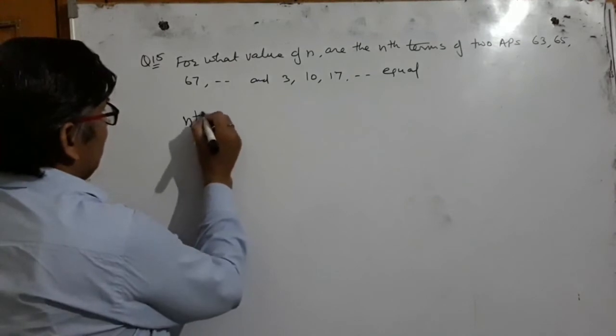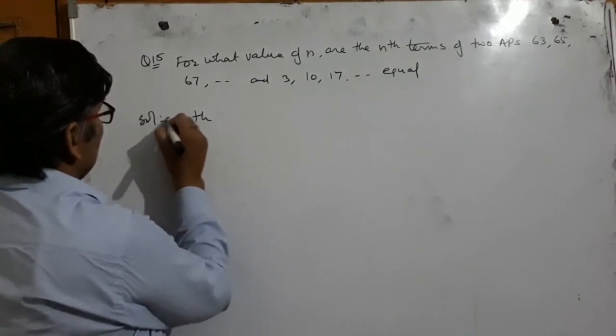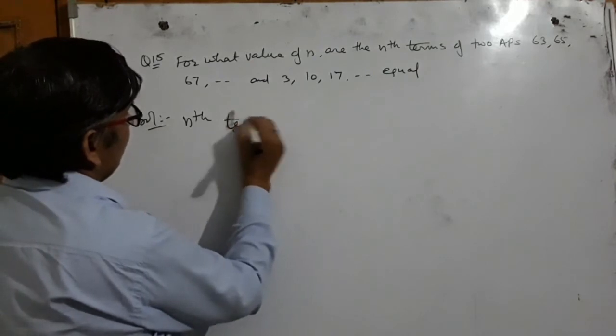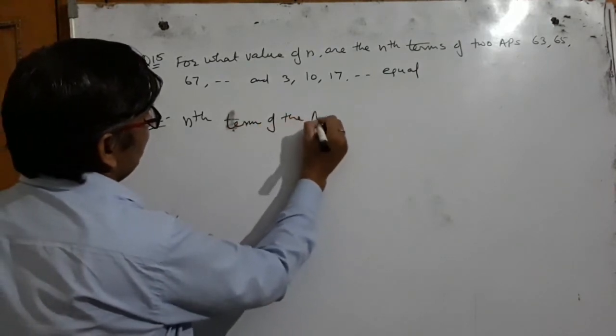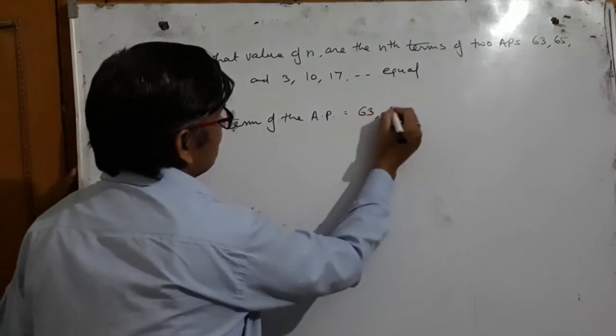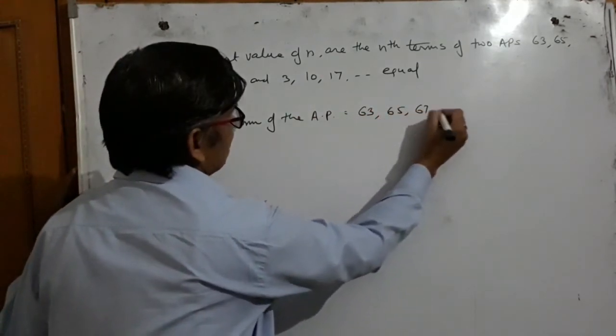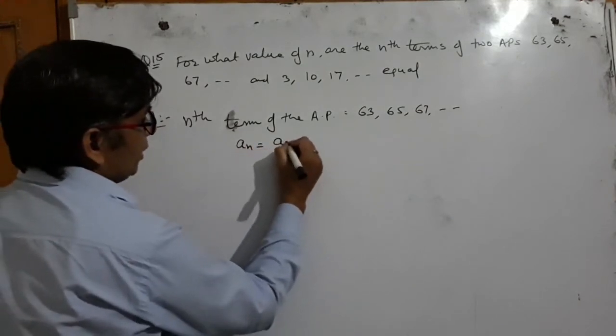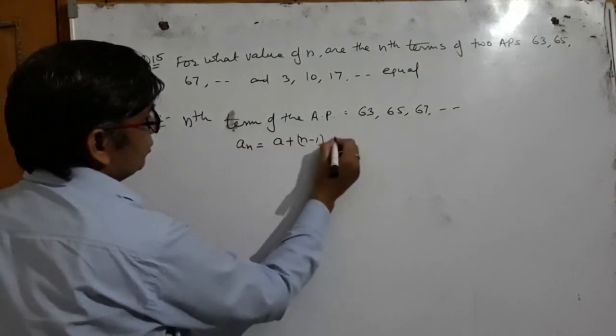So nth term of the AP 63, 65, 67 and so on will be nth term A plus n minus 1 into D.